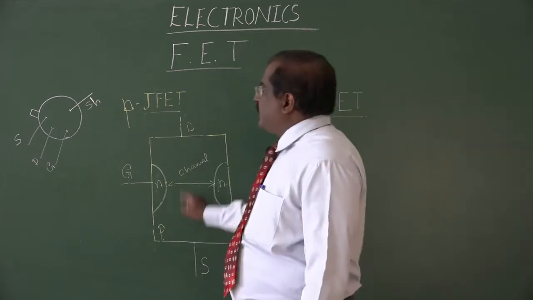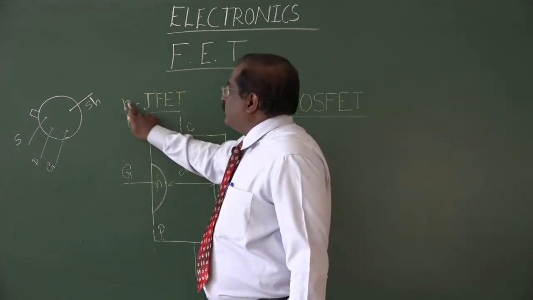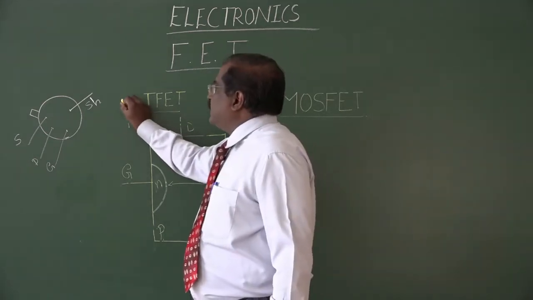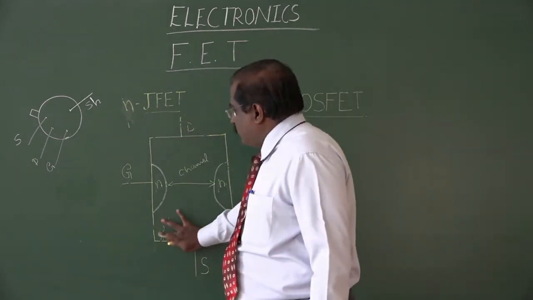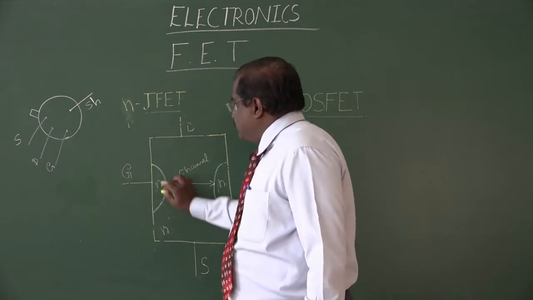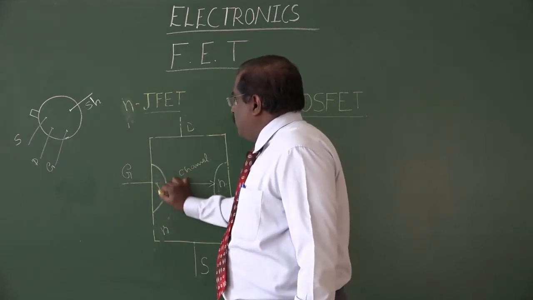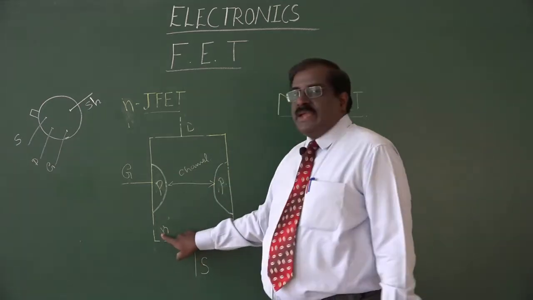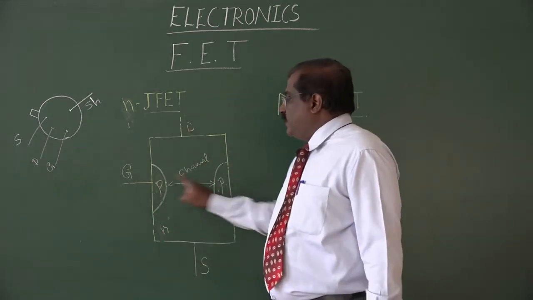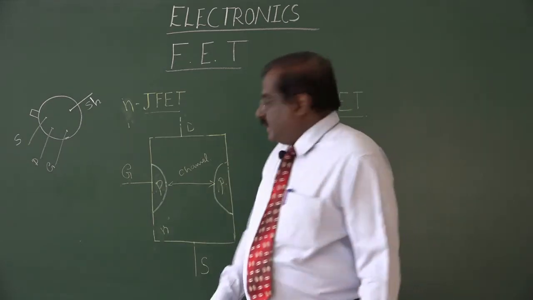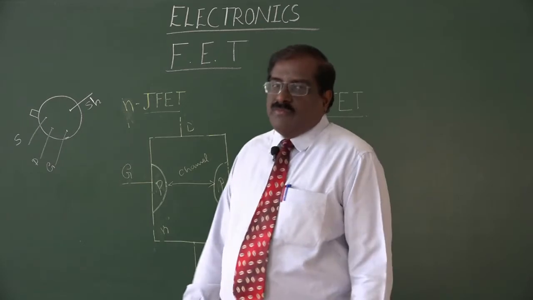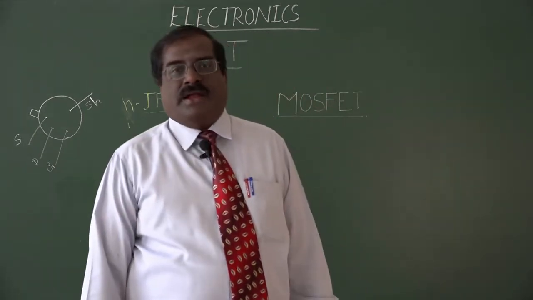At that time, this becomes what is known as a P-channel FET. Usually we study the N-channel. The N-type semiconductor bar is doped with P-type, and the terminals are source, drain, gate. This is the constructional part.